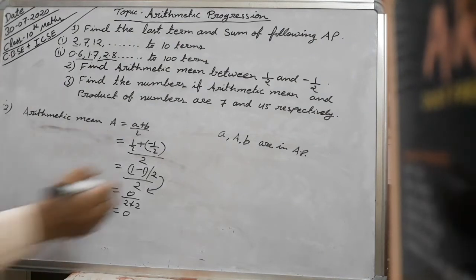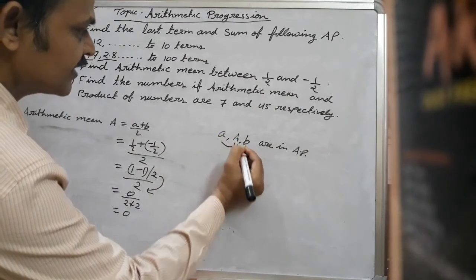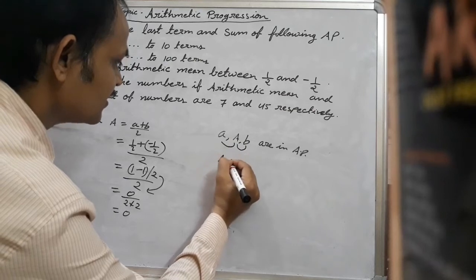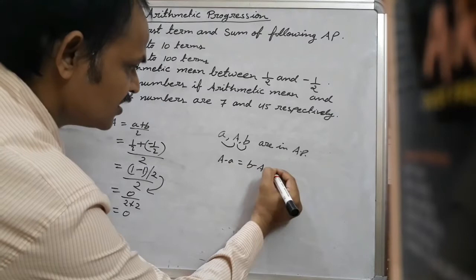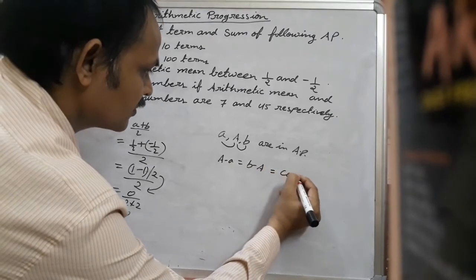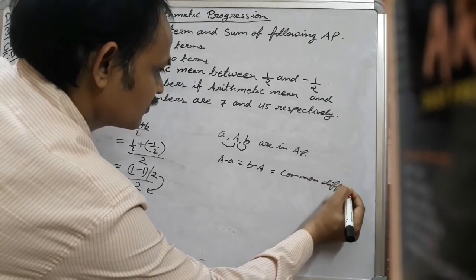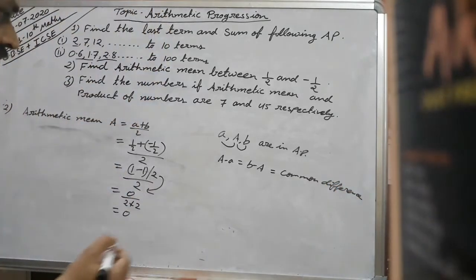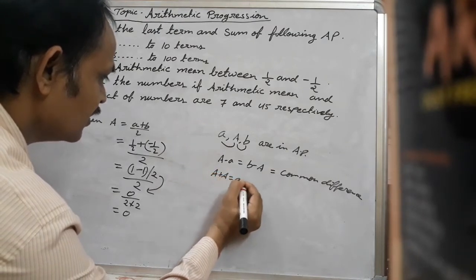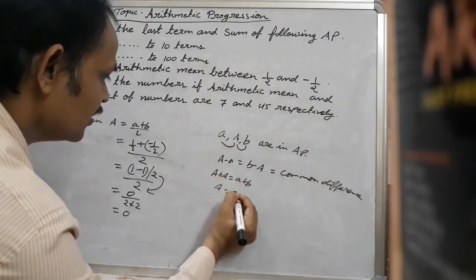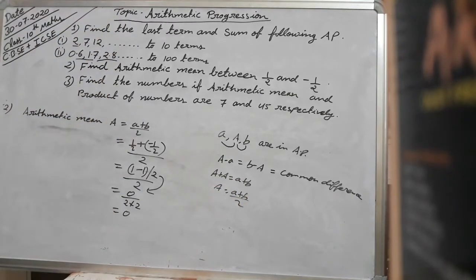Second term minus first term is equal to third term minus second term, meaning A minus a is equal to b minus A. This is the common difference, meaning the differences are constant. Then A will come here, A plus A is equal to a plus b, or A is equal to a plus b by 2. In this way you got the formula here.